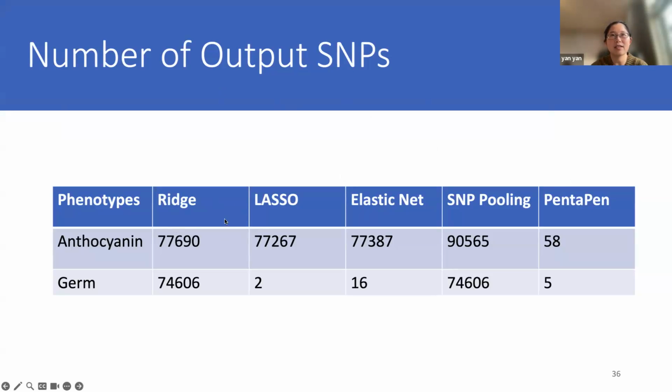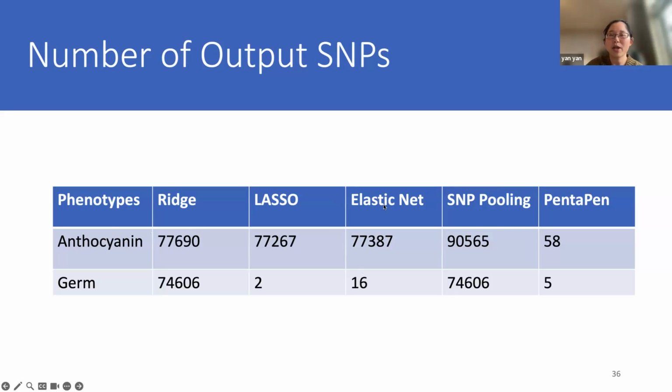And if we look at the number of output SNPs from the three models here, they're quite a large number, and it's kind of impossible to examine all of those SNPs reported by them and find out which ones are truly associated with the disease or phenotype.